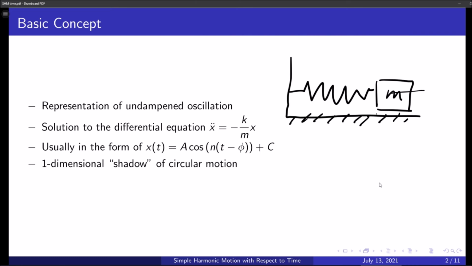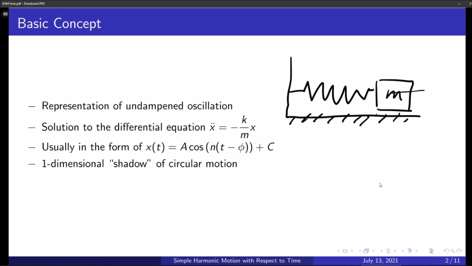And then we're also going to look at the most common expression of simple harmonic motion, which is a sinusoidal function of time with a bunch of different transformations applied.